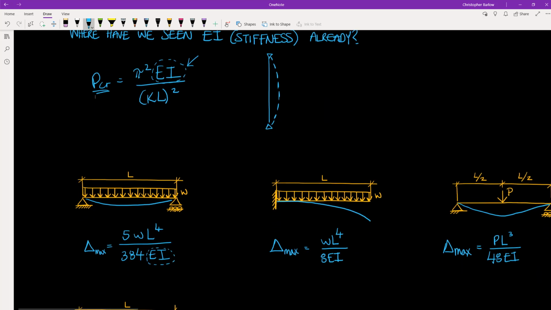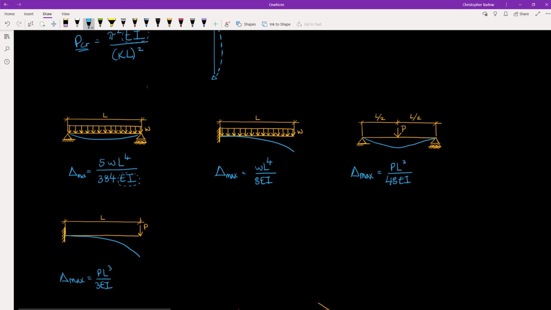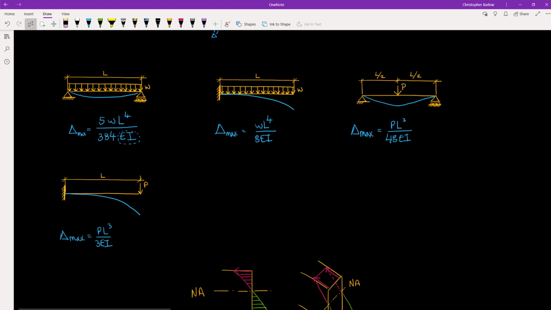So now let's look at some equations for calculating deflection. And for this course, we are not going to derive these formulas. We're simply going to list them out. And note that we have E times I in all of these equations. So let's try writing out an example using this condition here.